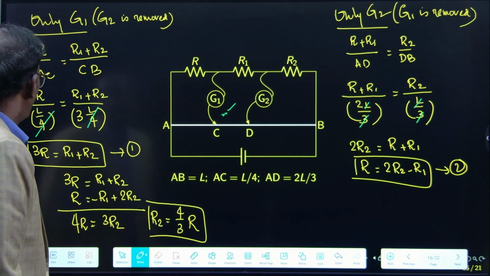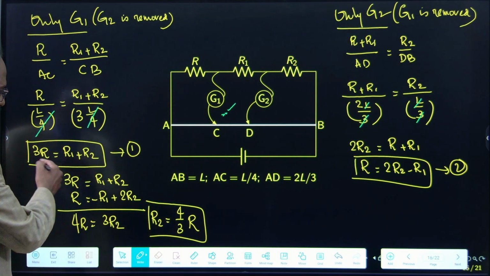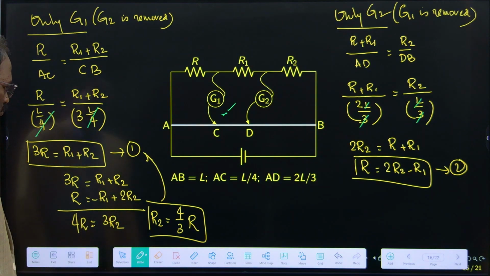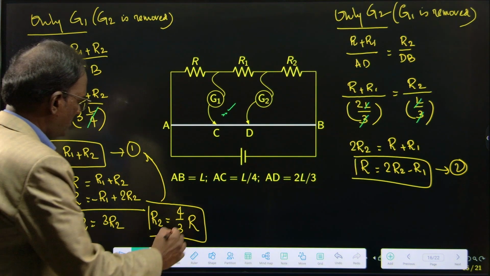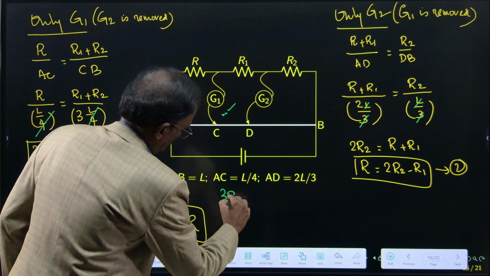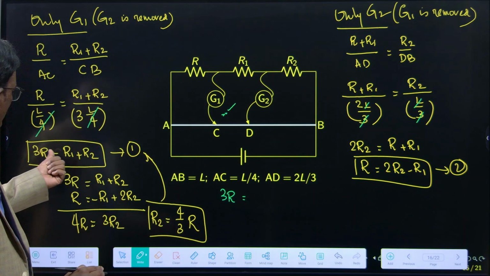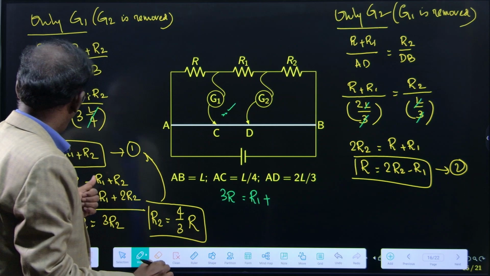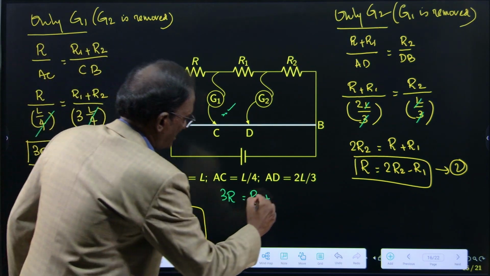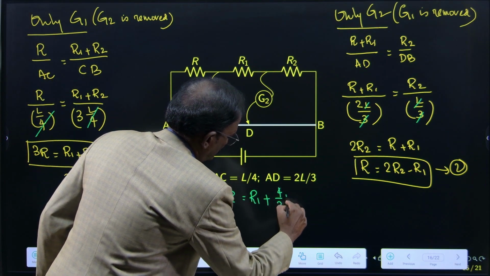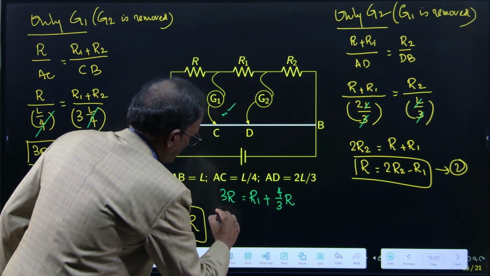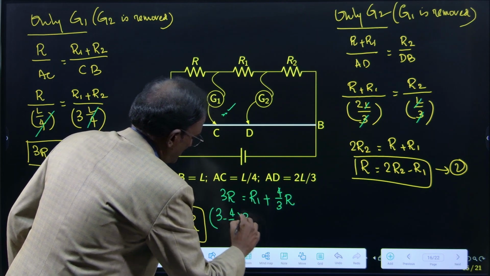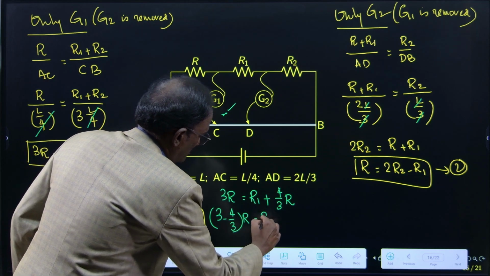Now R2 is found. Let me put it in equation 1. This R2 is taken to this equation. 3R is equal to R1 plus R2. Instead of R2 I am writing 4 by 3R. So 3R minus 4 by 3R is equal to R1.